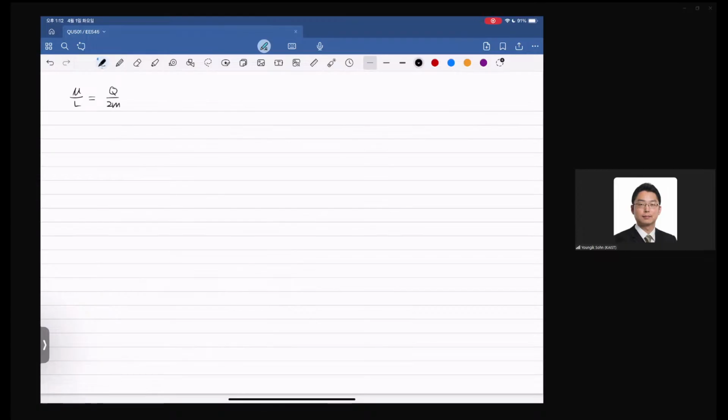This is the proportionality constant between that mu and L. So this constant itself has no dependence on R or V. All right, it only depends on Q over 2M.